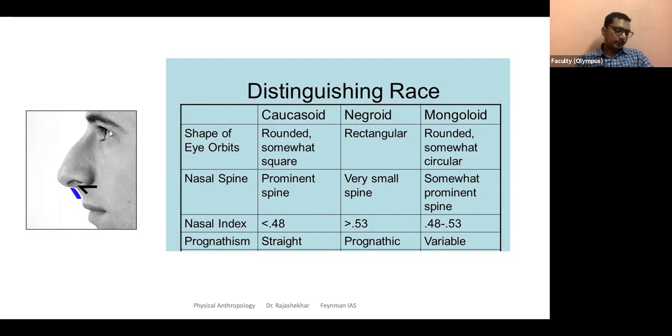Like Europeans, if you see, they tend to have narrow noses. And Mongoloids are mesorrhini. Mongoloids tend to be mesorrhini or moderately broad noses, a medium type of nose. So in between.